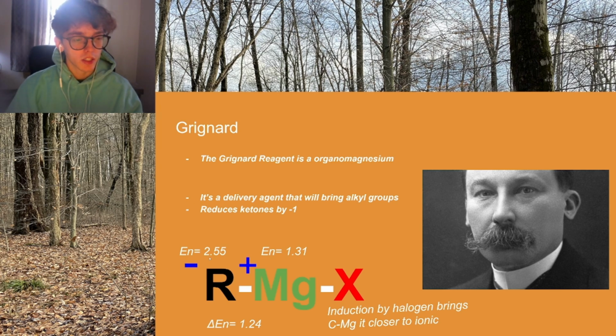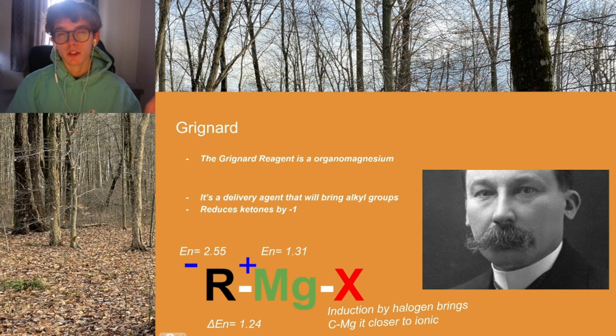The electronegativity of carbon is about 2.55. Magnesium is about 1.31 Paulings. So the difference in electronegativities is 1.24. We're about 0.4 or 0.5 from being an ionic bond, so it does have some ionic bond character.